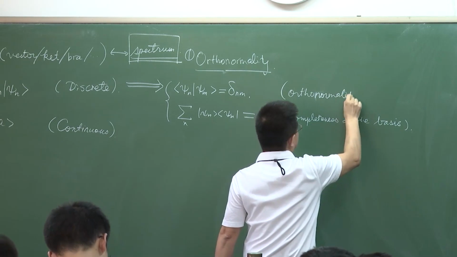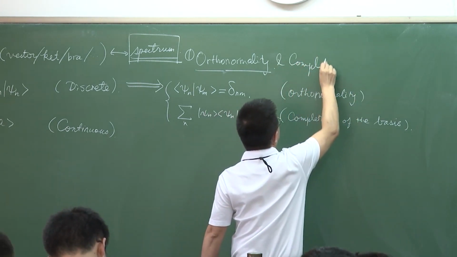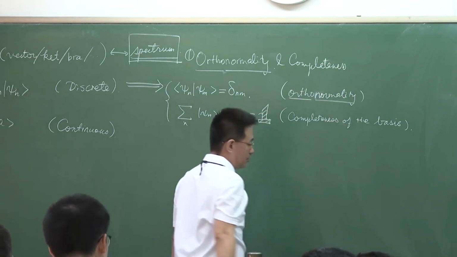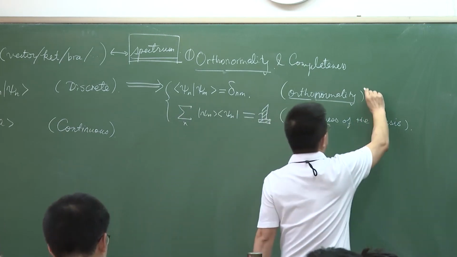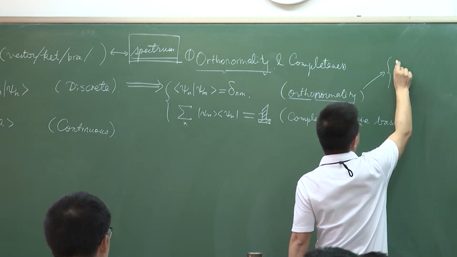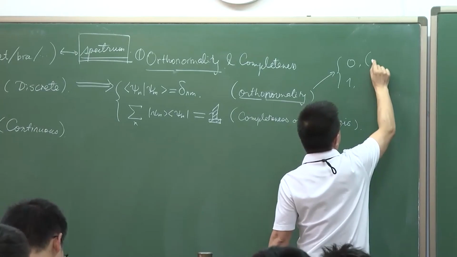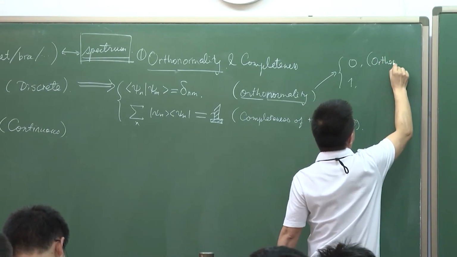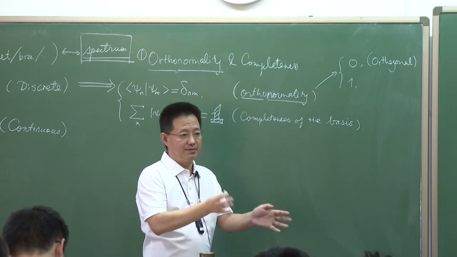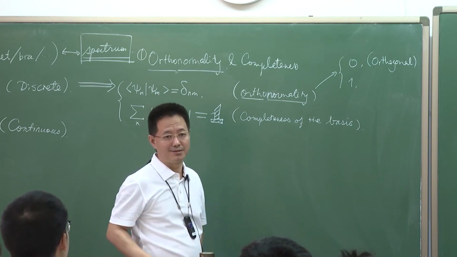And this is also called orthonormality. There are two things. You know that the delta_nm is equal to 0 or 1, right? 0 means orthogonal. The basis vectors are orthogonal to each other, or perpendicular to each other.